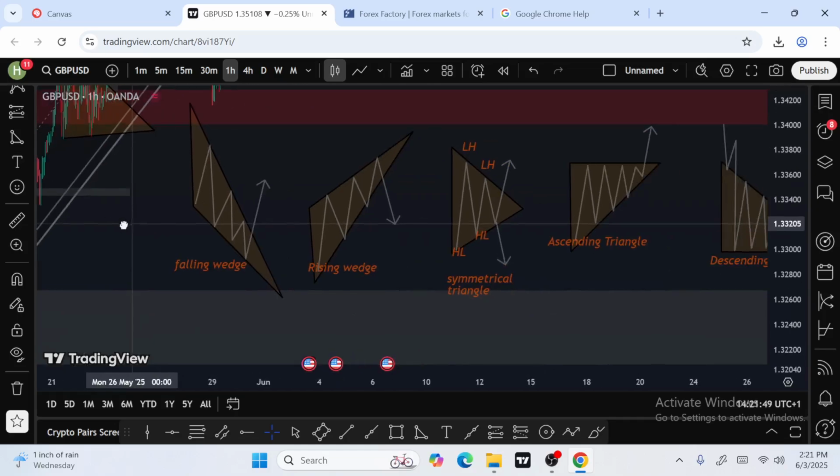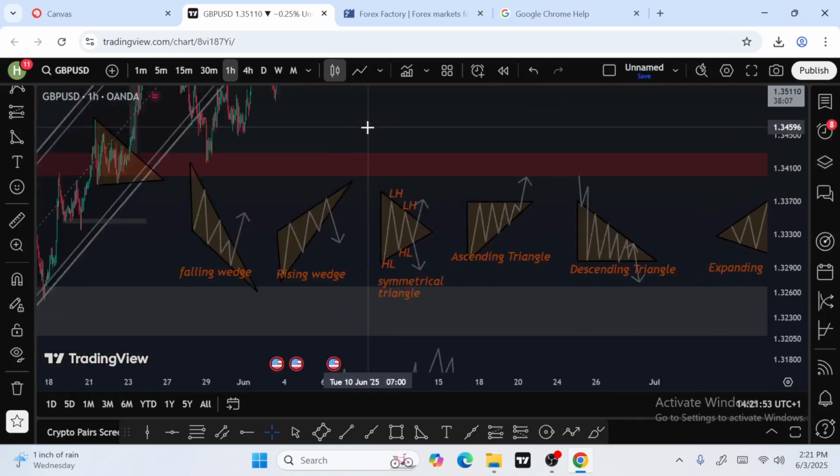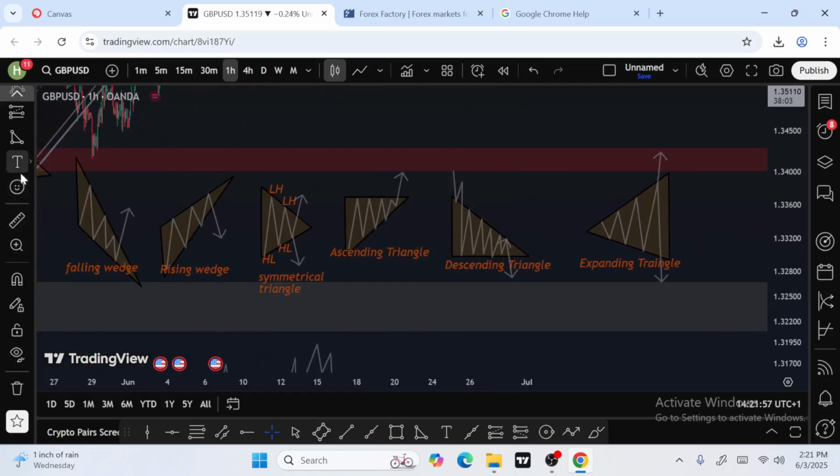Now, guys, look at this. How will you measure the height of this triangle? From here to here is the base of this triangle. From here to here is the base of this triangle. From here to this point is the base of this triangle.